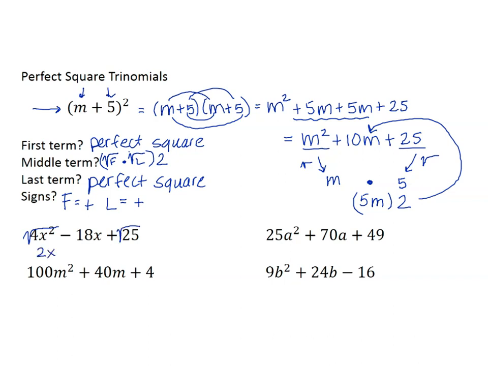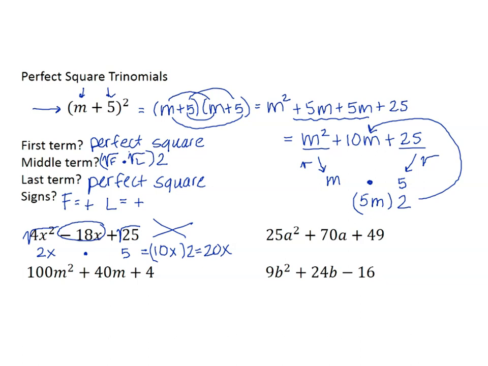If I take the square root of the last term, I get 5. If I multiply them together, I get 10x. And if I double it, I get 20x. That does not match my middle term, so this one is not a perfect square trinomial.